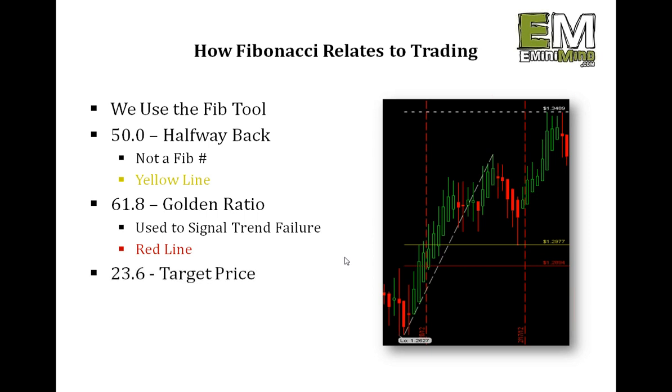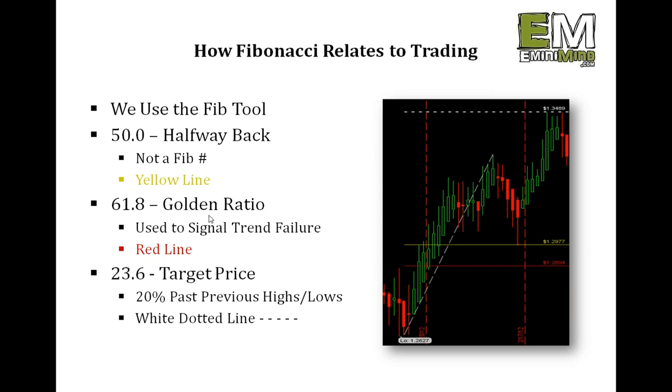And then the 23.6 is essentially the target price, and the way that's simply derived is really 20%, roughly 23.6% past highs, and that's denoted by the white dotted line.